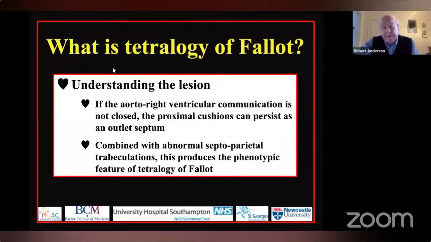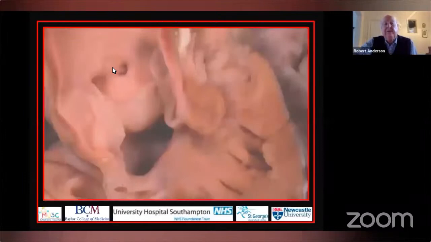But it is not simply malalignment of those outflow cushions that produces tetralogy, because there is one other important feature that gives us the phenotypic feature, tetralogy, and that is a squeeze between the malaligned outlet septum and the septoparietal trabeculations of the right ventricle.